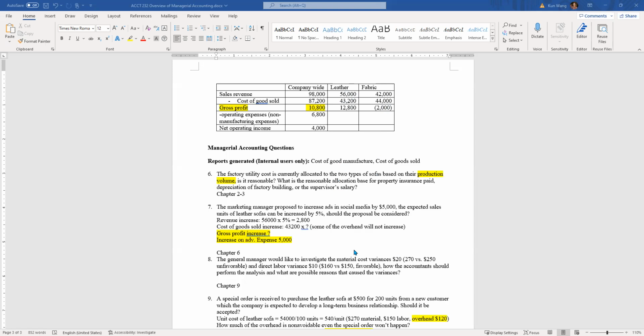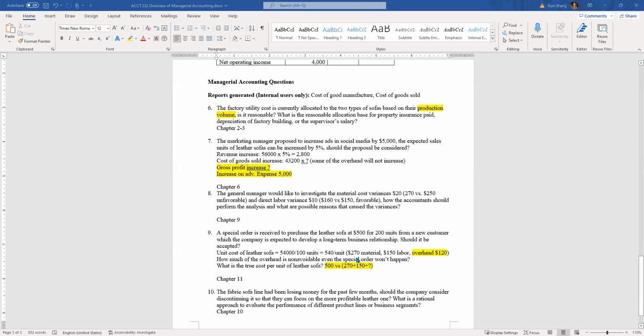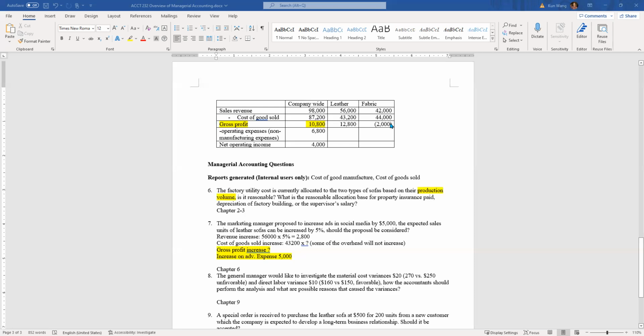So except for financial reasons, there are some conditions we need to consider to keep or stop the fabric line. And are there any possibilities to reduce the cost? I can reduce the cost to make it and change the loss to profit in the future, or increase the sales revenue by adding some attractive features for customers.